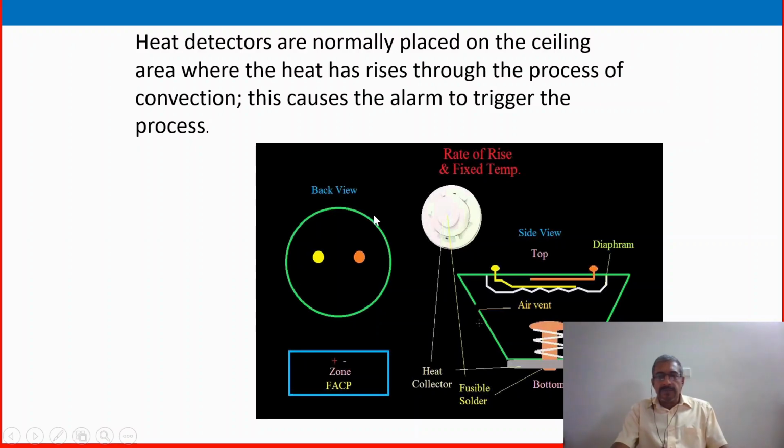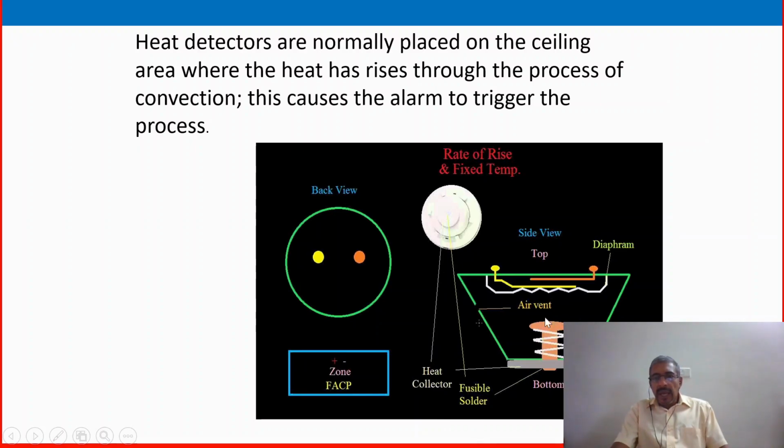Look at the system. This is the back view, zone area. So, this is the rise of the fixed temperature. This is the instrument which is kept on the ceiling. A heat collector and a fusible solder are there.